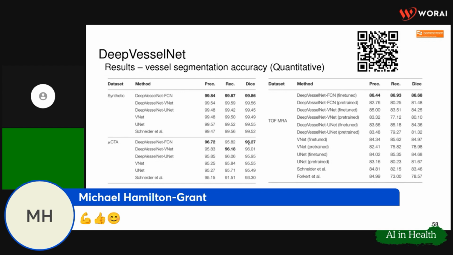96% in dice. Dice, in segmentation tasks we normally assess it based on what we call a dice score, or in some fields they call it F1 score, which is equivalent to, though not exactly, what we call intersection over union of the segmentation.